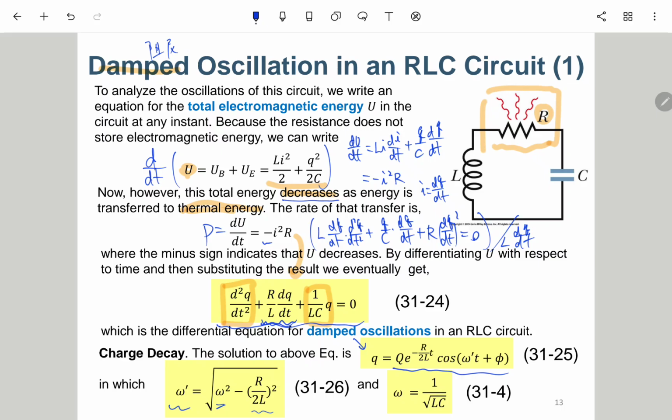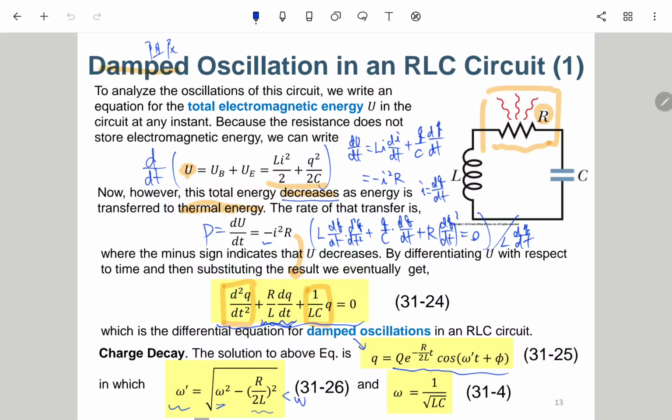So it will be slightly smaller than omega, because this is a positive value minus a small value, and then take the square root. So it must be slightly smaller than the original omega, where omega is the same, 1 over the square root of LC. Okay, so the textbook is just like that. It doesn't tell you why it is like that.